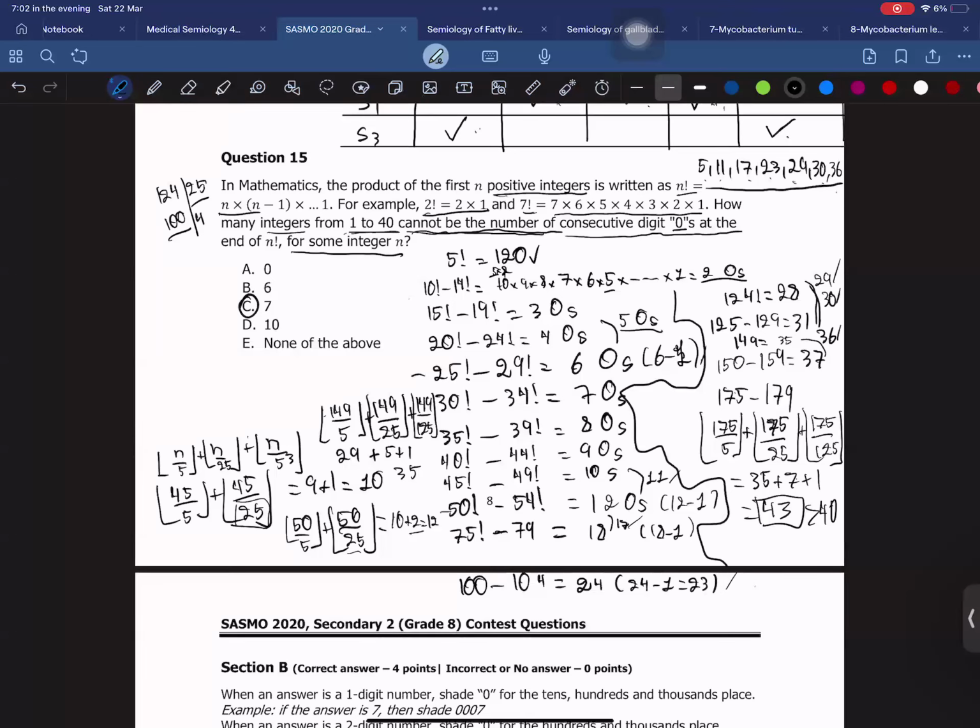But I'm not sure this year. What if other kids are so good too? Because in SASMO, AMO, we need to compete with others. Only 20% are going to be top. Actually, it depends on the people joining SASMO.